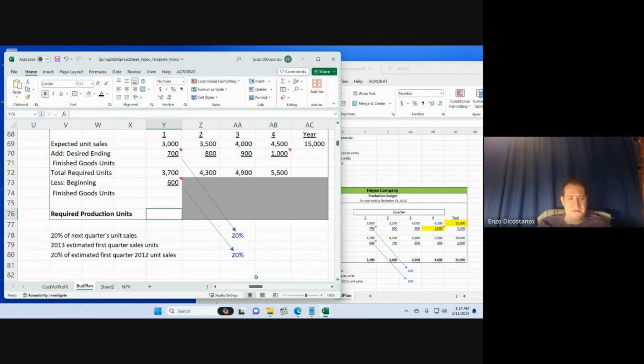So this is going to be what you're making, what you expect to sell, what you expect to finish with, and then subtract the beginning units, right? What you started with. See, it's a difference, 3,100. And this goes across the whole thing, that'll work for the whole thing. This is just the sum of them all.